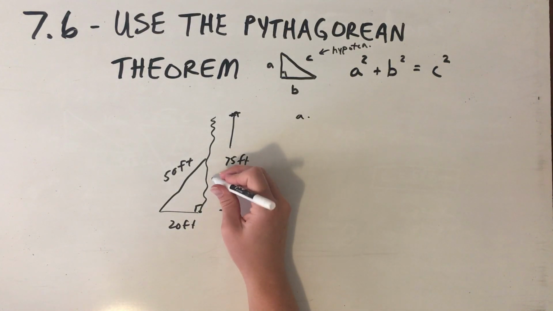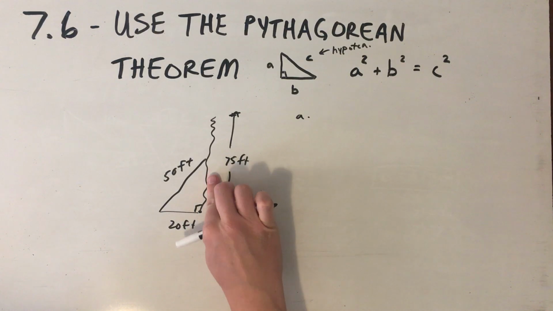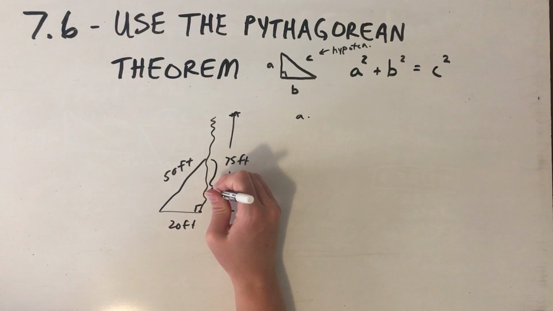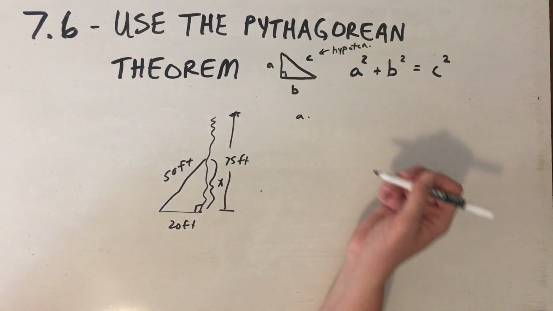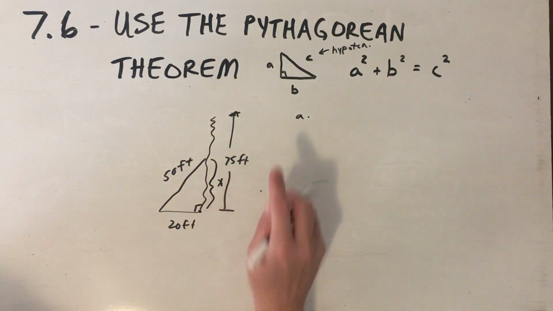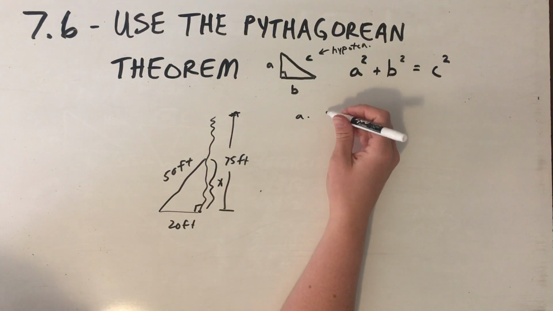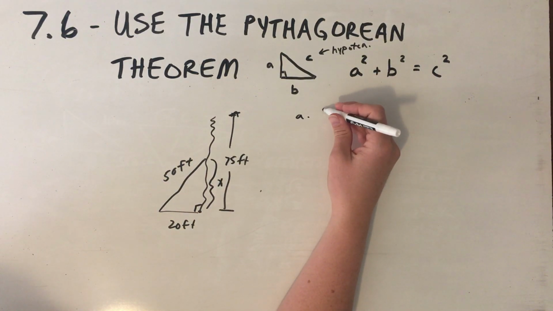So basically find the length of this distance right here, which is a leg because it's attached to the right angle. Again, it's an A or a B, not a C. The 50 foot is a C. So we want to know how far up the wire it is.